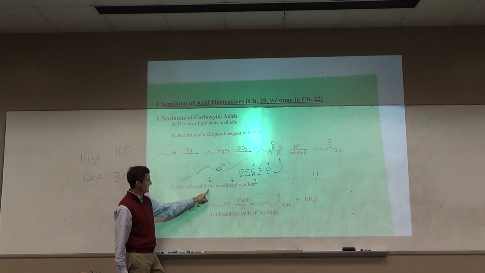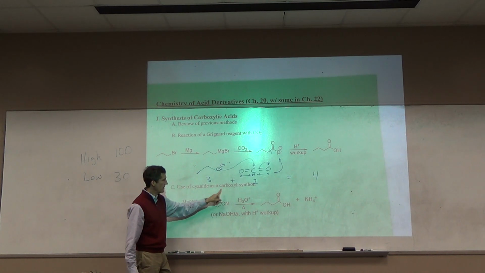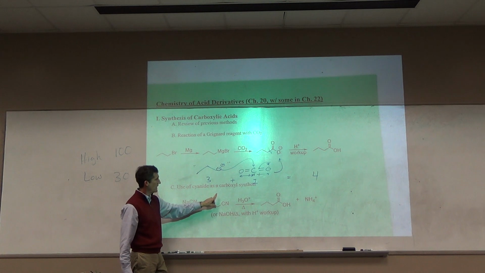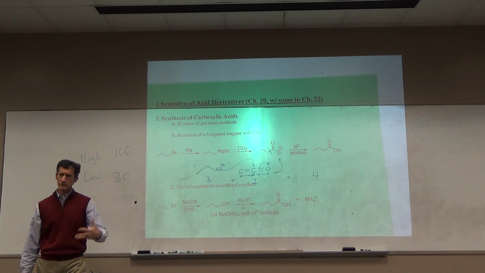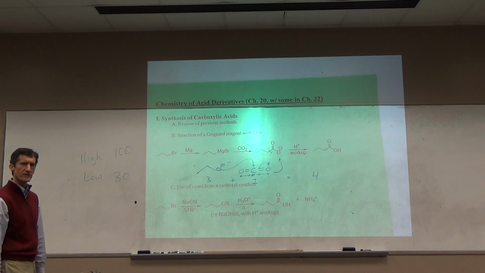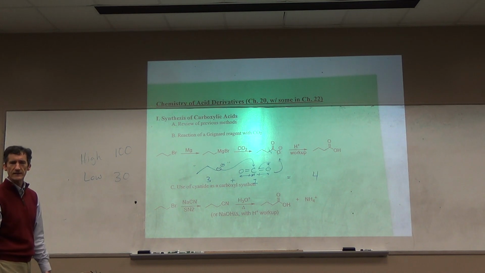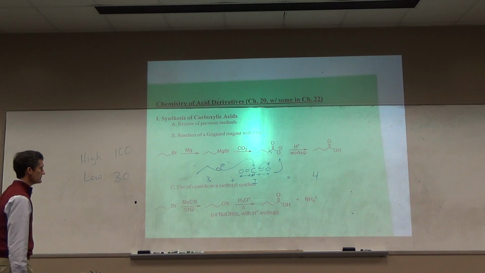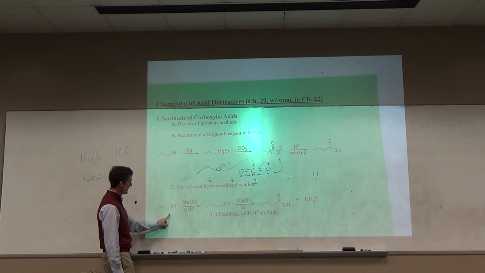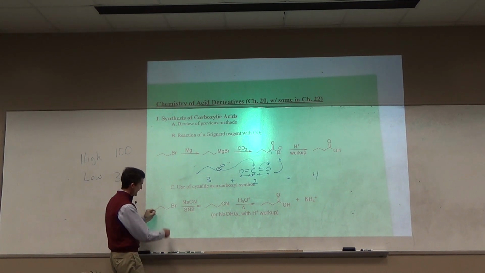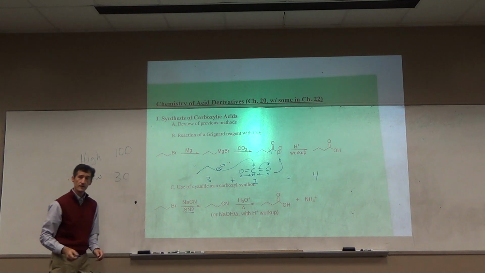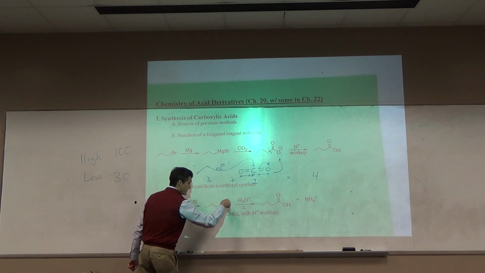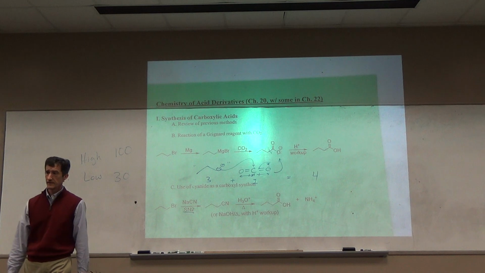Okay. Another way to make a carboxylic acid: use of cyanide as a carboxyl synthon. What is a synthon? Sort of like a precursor. It's a precursor in your synthesis. That's kind of what synthon means. Here we go. Take an alkyl halide with sodium cyanide, SN2, right? We can displace the bromine with the cyanide. But the cyano group is a carboxylic acid derivative.